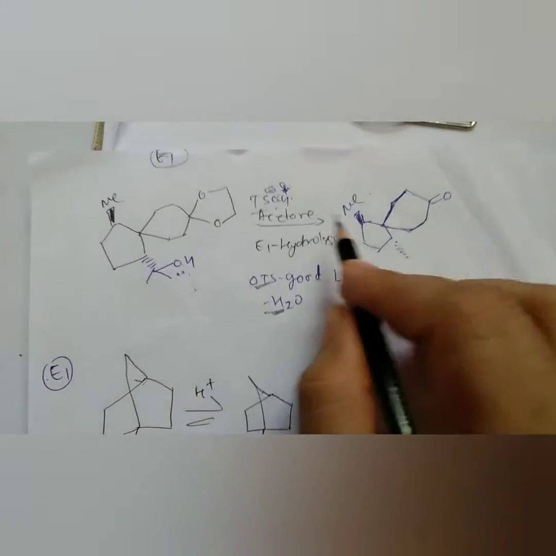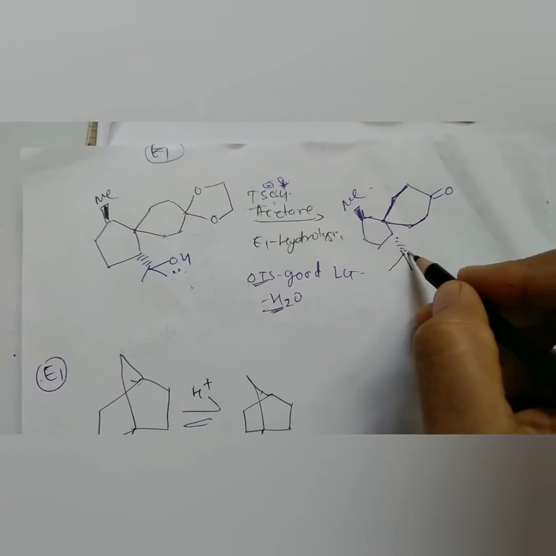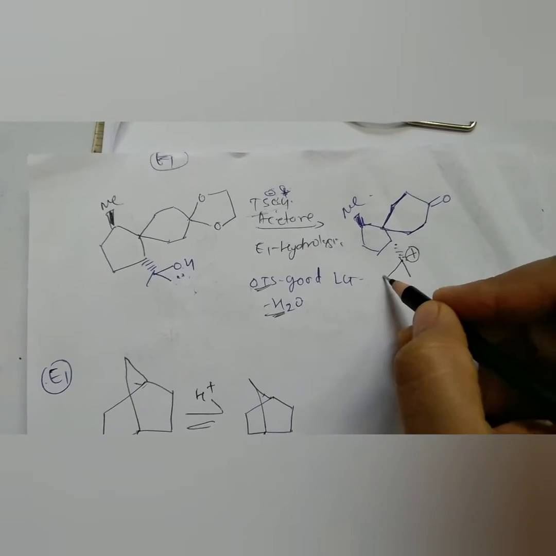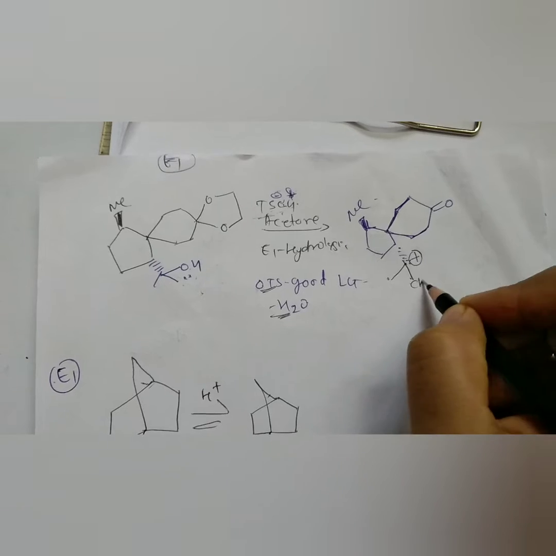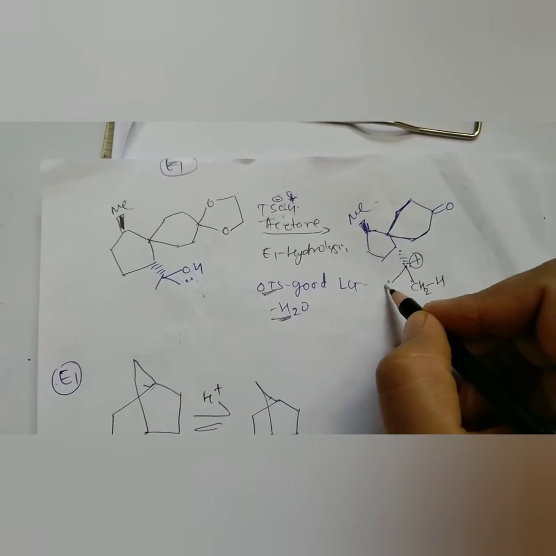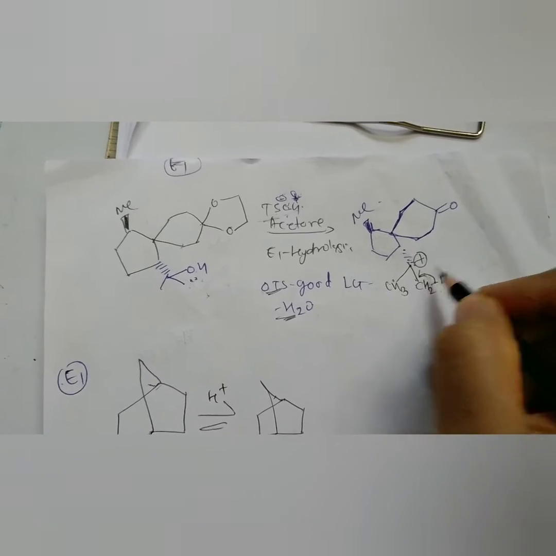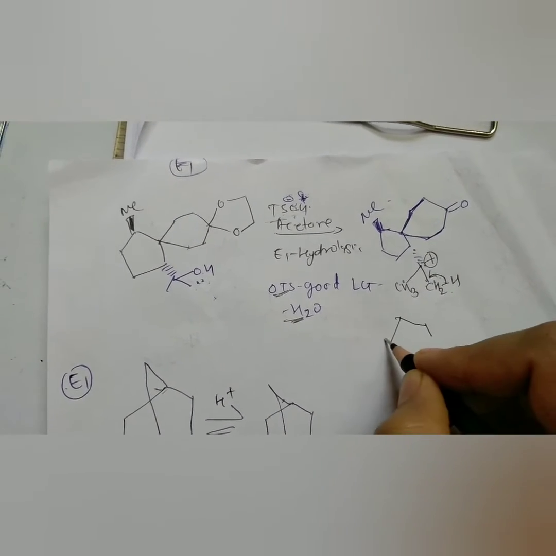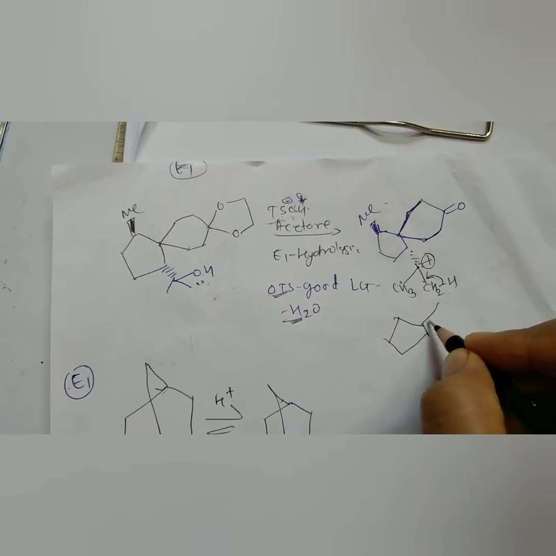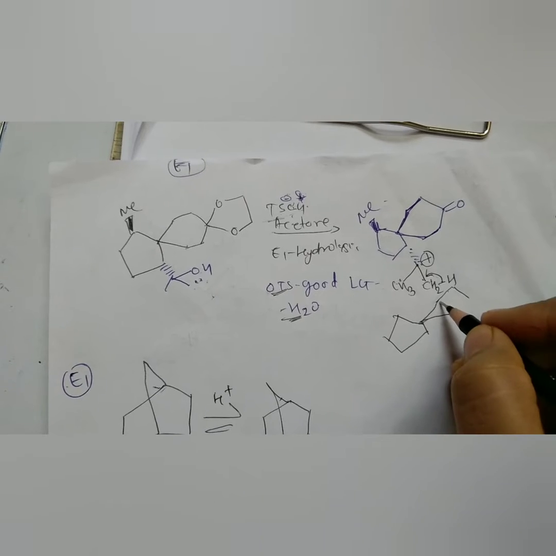Now what happened after the elimination of water? What do we get? A positive sign here. And this is nothing but the CH3 group, that is, we can write there CH2CH3. This is also CH3. Now the bond will shift like this, and we get the product like this.